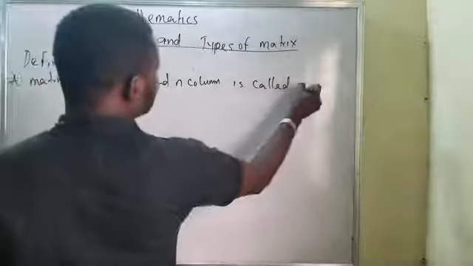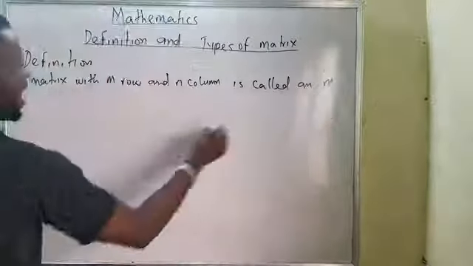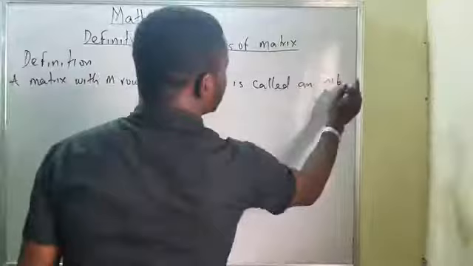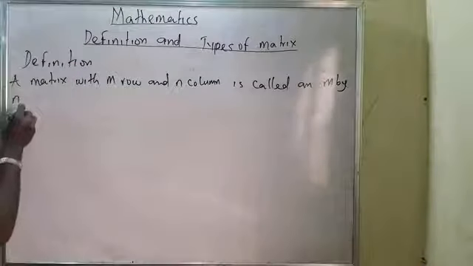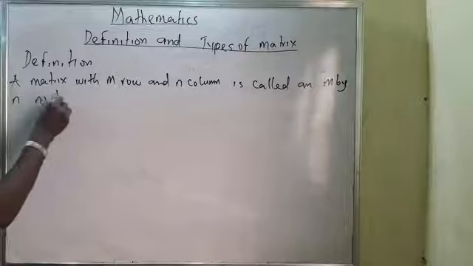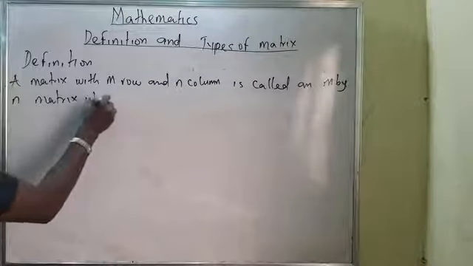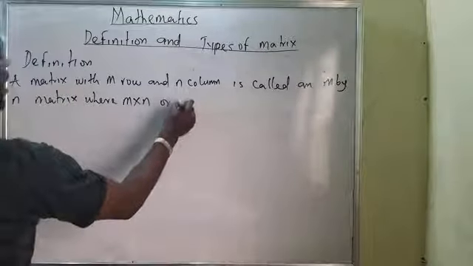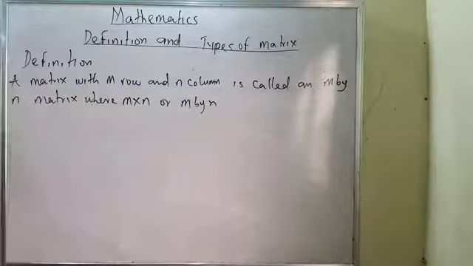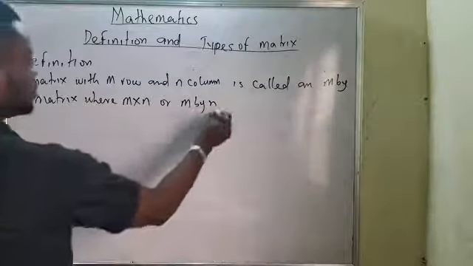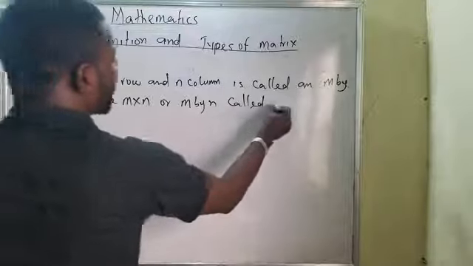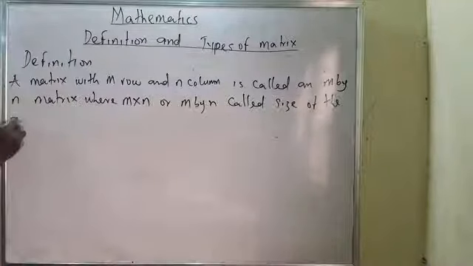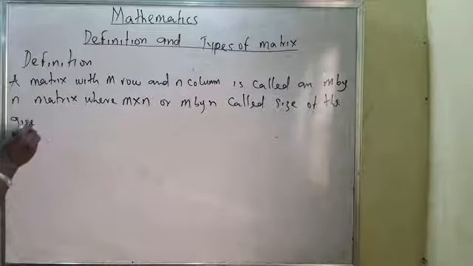an m by n matrix, where m times n, or m by n, is called the size of the given matrix.